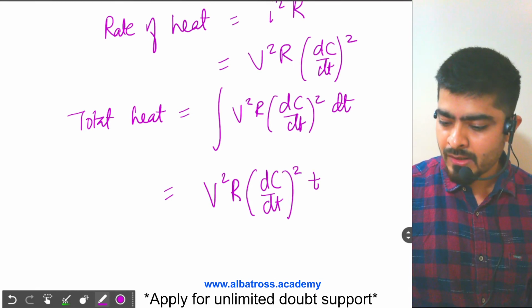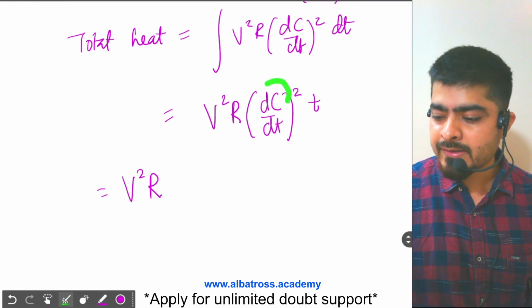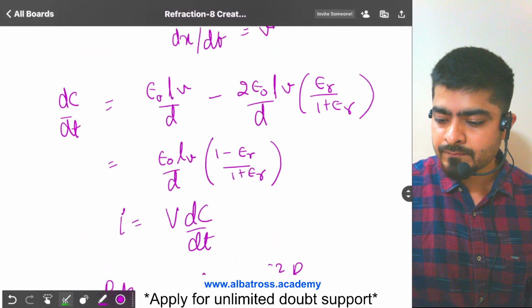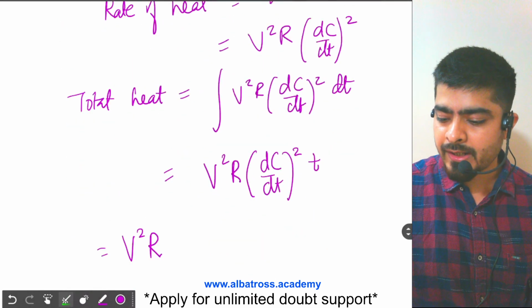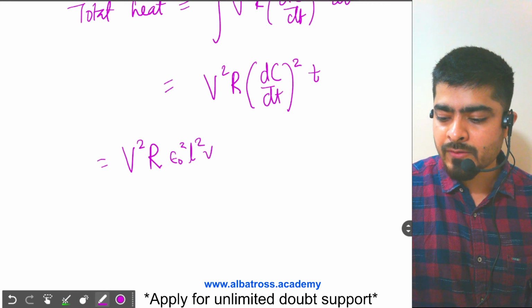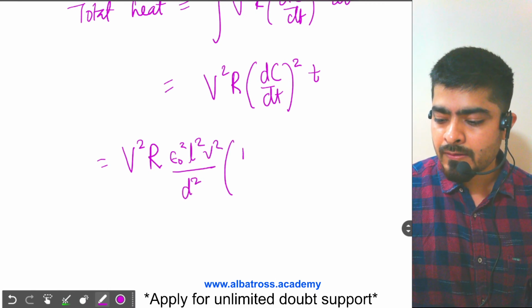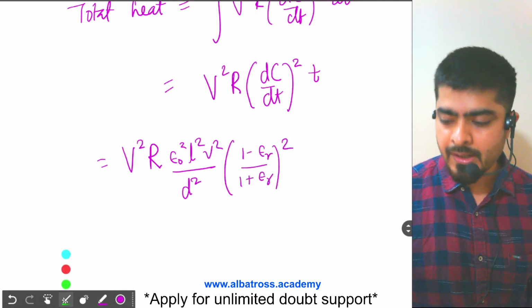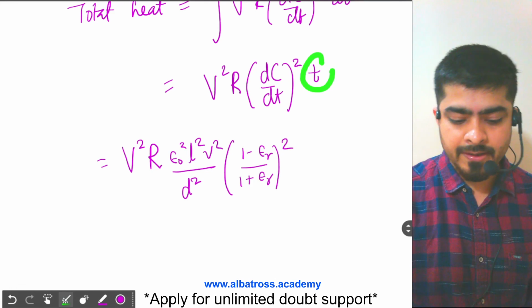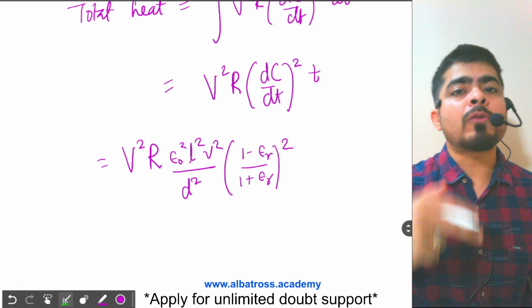Now let's just put the values. So this is equal to V square R, and the square of dC by dt will be the square of this expression. So we'll get epsilon naught square L square v square by d square times 1 minus epsilon r by 1 plus epsilon r whole square. And what is t? T will be the time taken for the dielectric to come out completely.